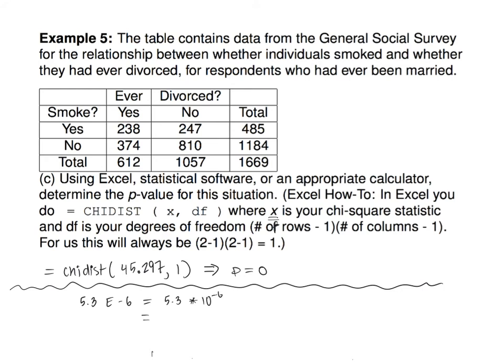In that scientific notation, you take that 5.3 and move the decimal back 6 spots, so 1, 2, 3, 4, 5, 6. So that's the corresponding decimal. You may have to do that, and this decimal is certainly small enough to reject H0.